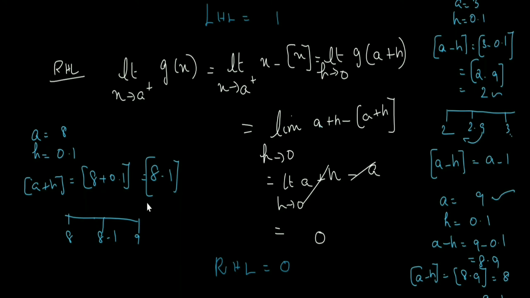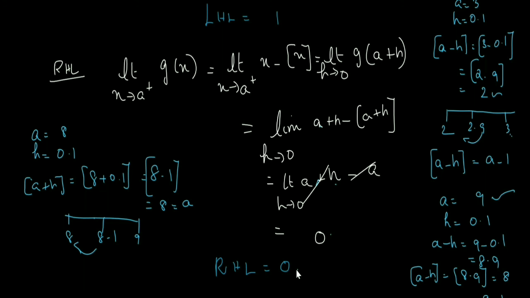So it is nothing but 8. 8 means just a. So the greatest integer of a plus h will give you a itself. A minus h will give you a minus 1. So here the greatest integer of a plus h is replaced by a. You cancel minus a and plus a, you get h. h tending to 0 is 0.